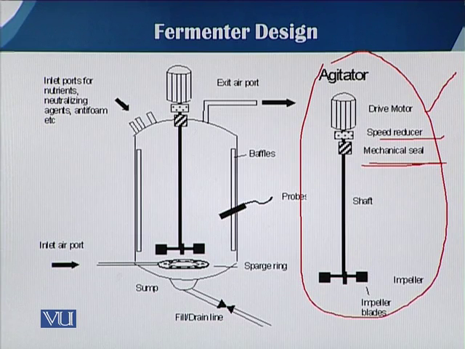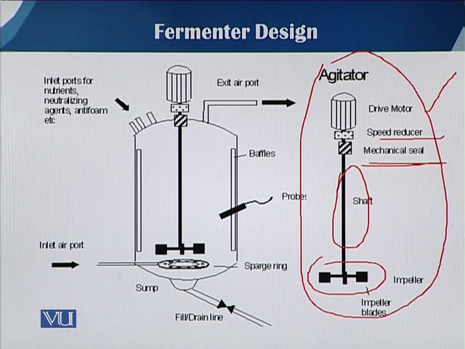Now at laboratory scale, some fermenters are available whose agitation system is based on magnetic action, so there is no link between the outside and inside. And then there is a shaft, and these are the impellers. The impellers have 6 blades, 4 blades, and different types of blades.